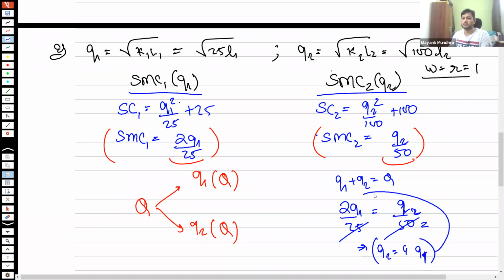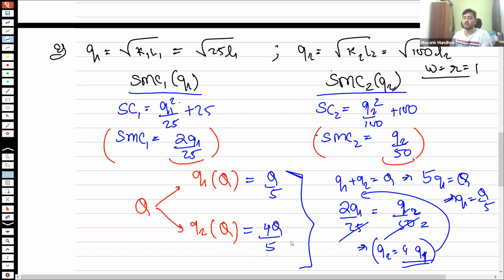Then you substitute this here, so 5 times Q1 equals Q, which implies Q1 equals capital Q by 5. And Q2 is 4 times that, so this becomes 4 capital Q by 5. That's your final answer.